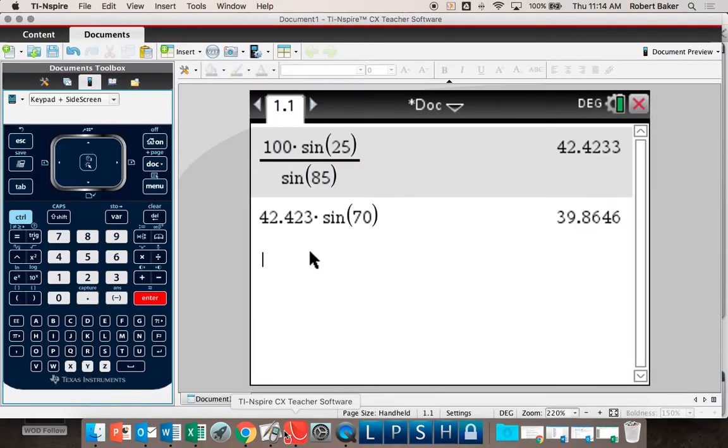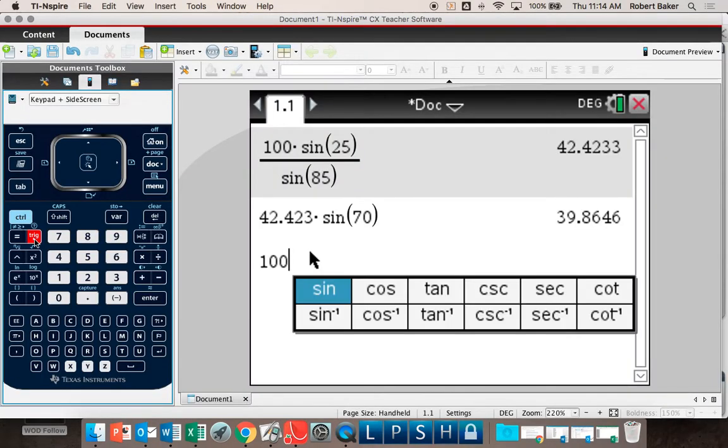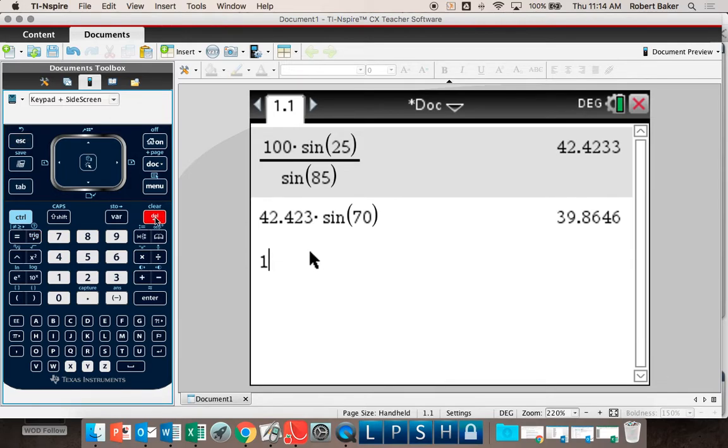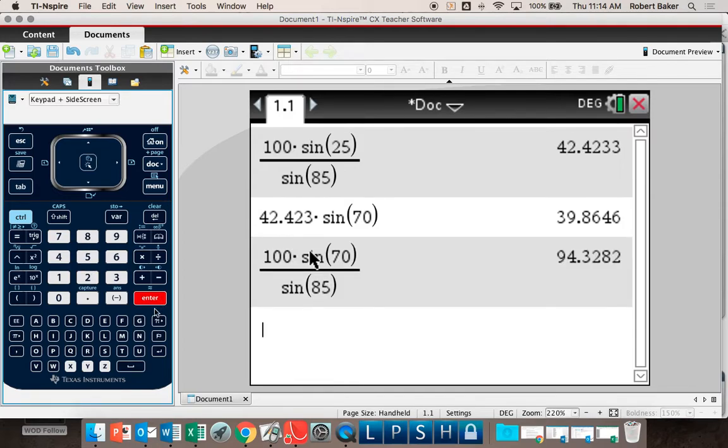So I'm going to evaluate that. 100 sine 70 over sine 85. Completely different answer. 94.3282.